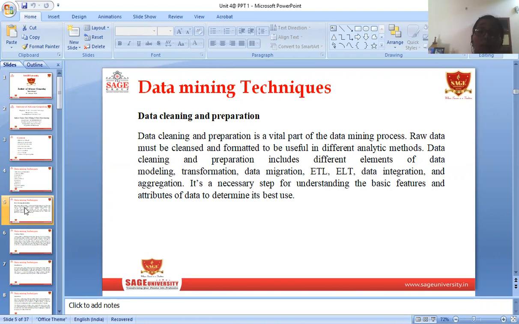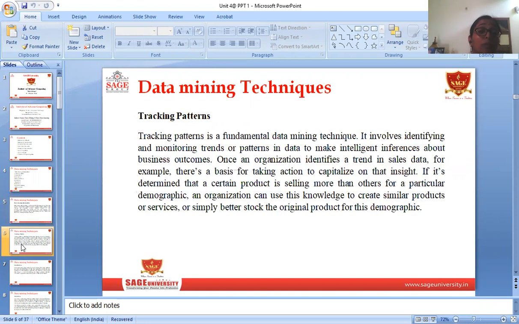Data cleaning and preparation include different elements of data modeling, transformation, data migration, ETL, ELT, data integration, and data aggregation. It is a necessary step for understanding the basic features and attributes of data to determine its best use. So, data cleaning and preparation is a vital part of the data mining techniques.